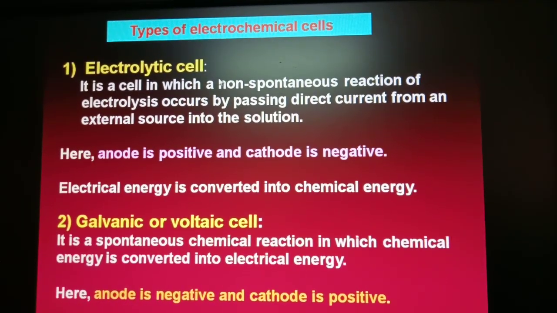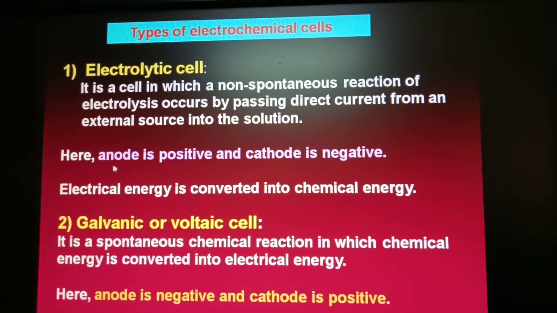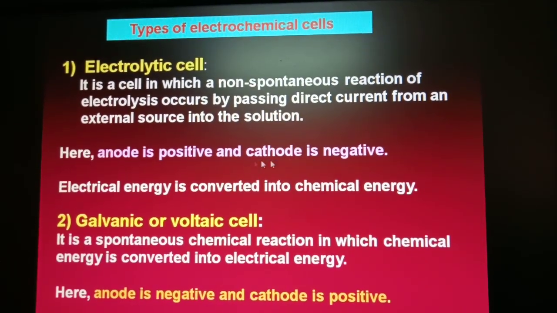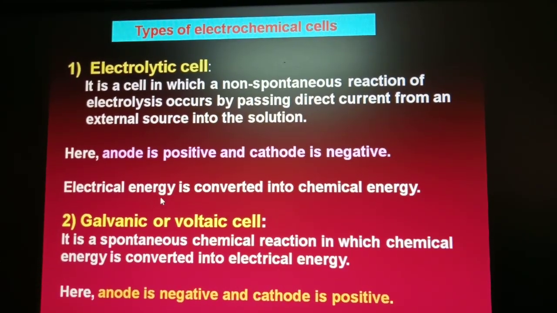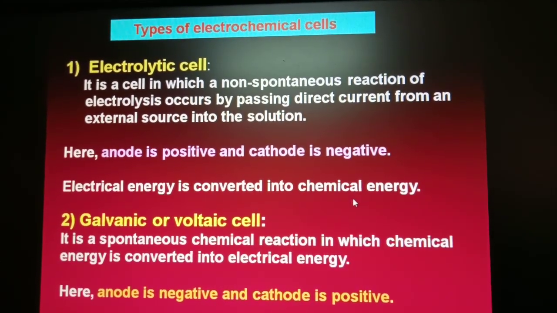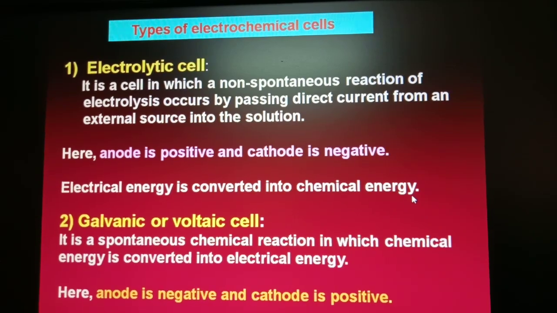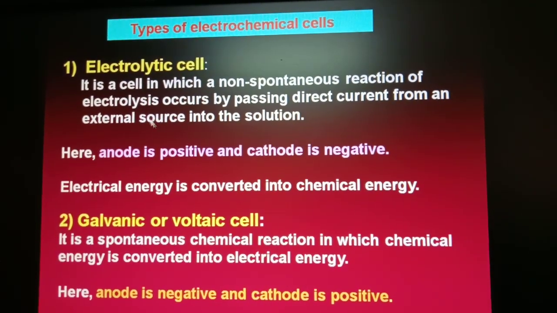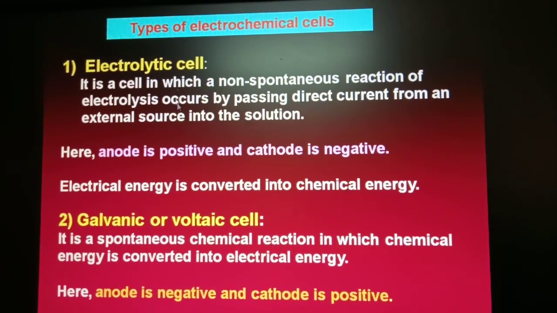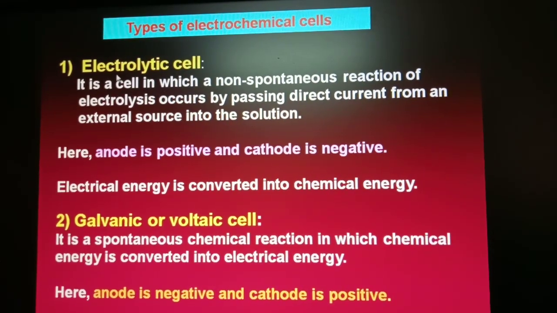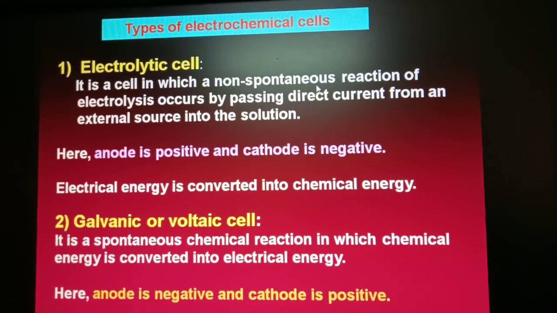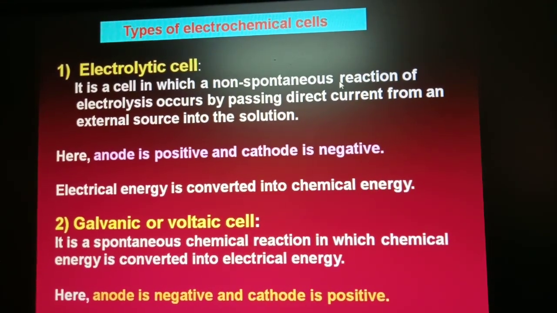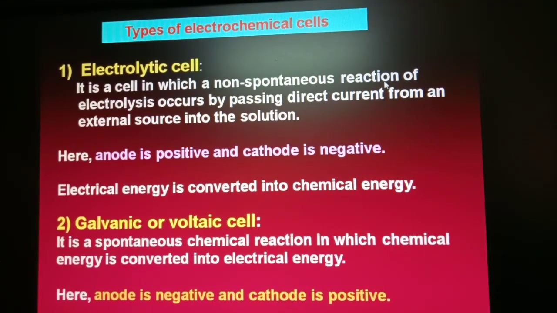In an electrolytic cell, this is very important: anode is positive and cathode is negative. In this cell, electrical energy is converted into chemical energy. The reaction conducted in an electrolytic cell is electrolysis. It is a non-spontaneous reaction.